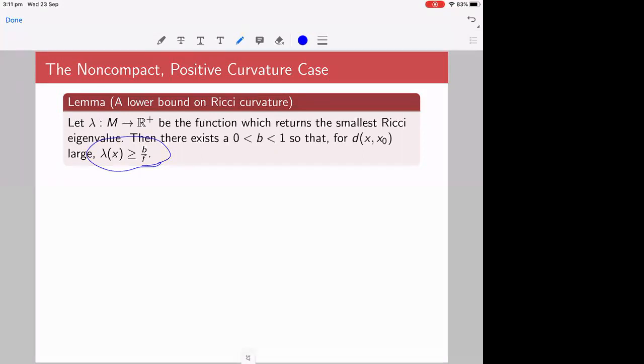And so at any specific point, take the smallest eigenvalue, let's call it lambda. Since we can do this at any point, we actually get a function. We can interpret lambda, the smallest Ricci eigenvalue, as a function that goes into the set of real numbers.